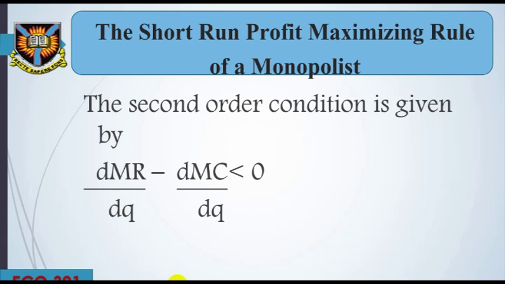At the profit maximizing output of 30, price P is equal to 100 minus 2Q is equal to 100 minus 2 into bracket 30, which is equal to 40 naira. TR is equal to PQ is equal to 40 into bracket 30, which is equal to 1200. TC is equal to 50 plus 40 times 30 is equal to 1250.